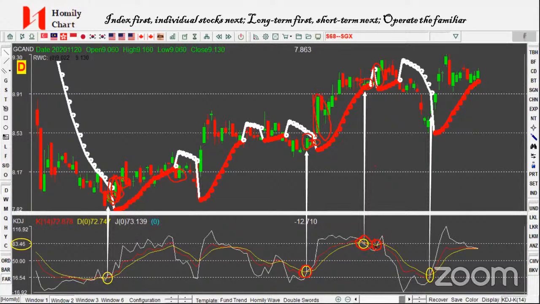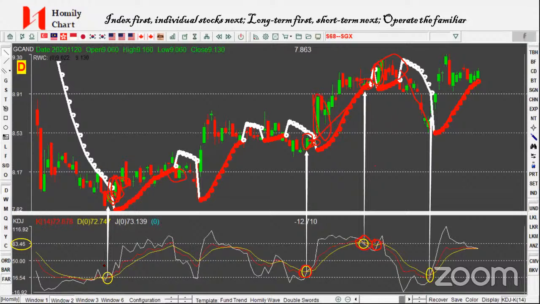Even if we have a golden cross, it's not a timing to buy because the golden cross happens in the overbought area. So you will avoid buying here, you can avoid a sudden drop and a big correction for short term. Then you can secure your profit here. So this is, let's say, the advantage of KDJ.